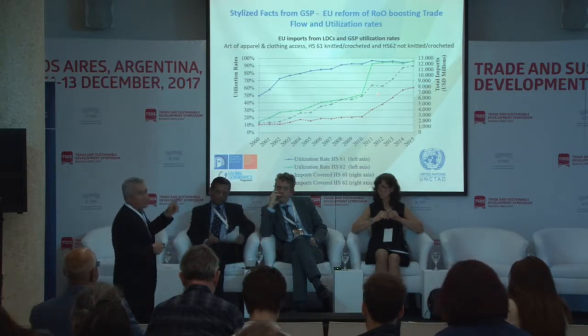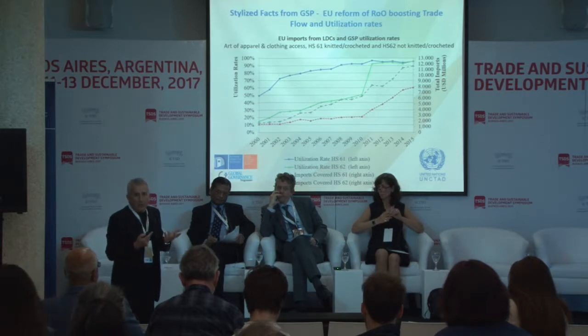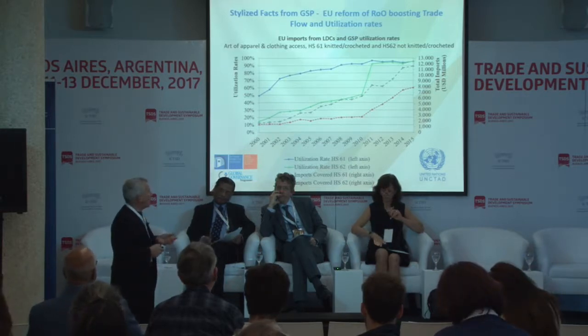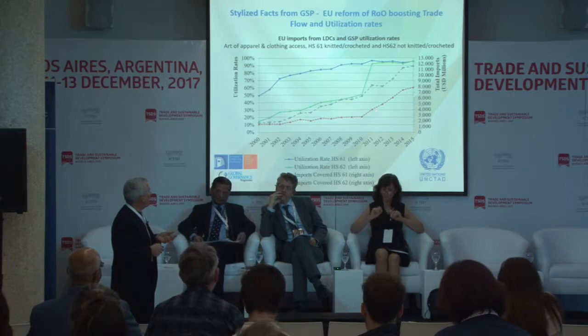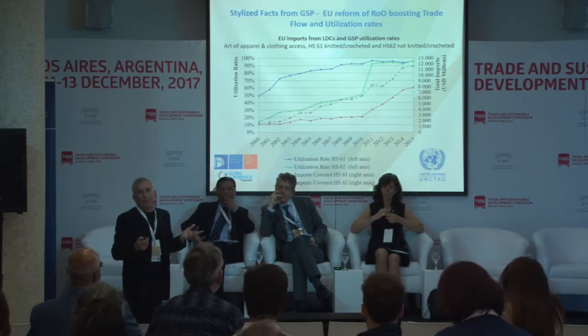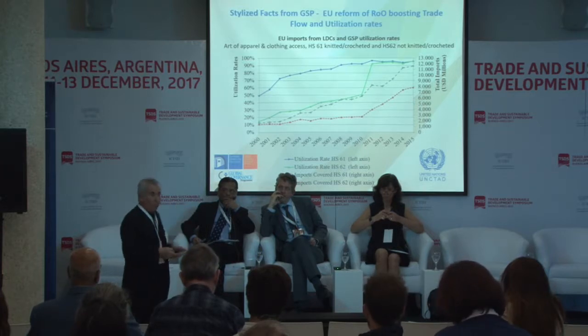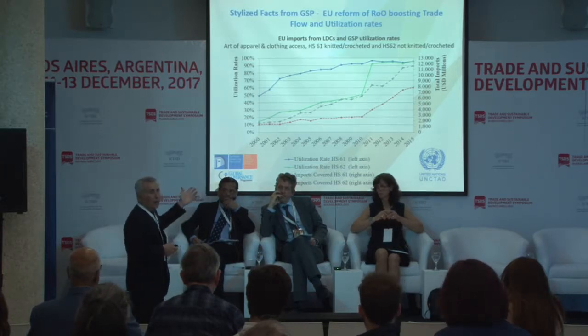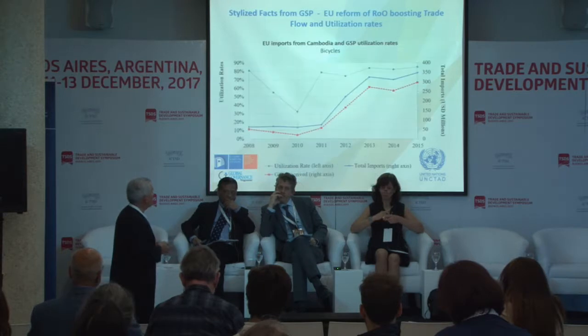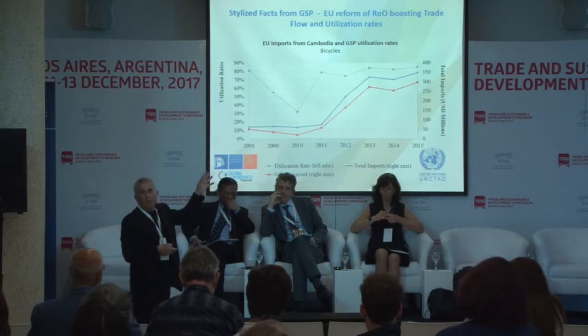And it is also important to note that it's not only the utilization rate that is going up, but also our exports, from roughly 3 billion to 8 billion. So it's a significant market response from a change in rules of origin, and it's not only in clothing. We have other evidence that this has also happened in other sectors.